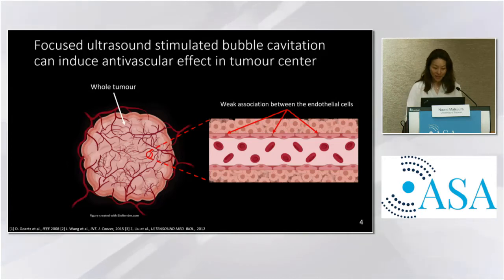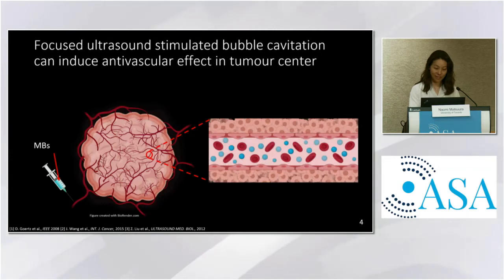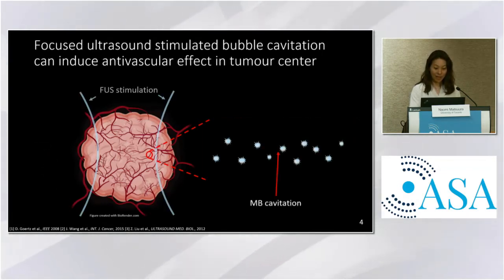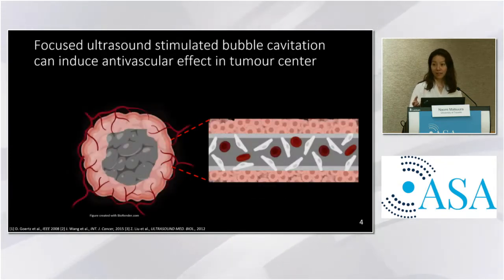Inside the tumor, you're going to have weaker vessels. So you can inject microbubbles into this, similar to what we saw before, and you can pop these bubbles, cavitate them, and then you can collapse these vessels themselves. You can kill and collapse the vessels.